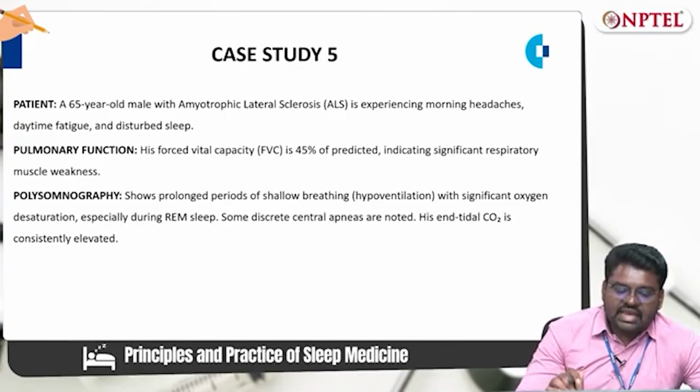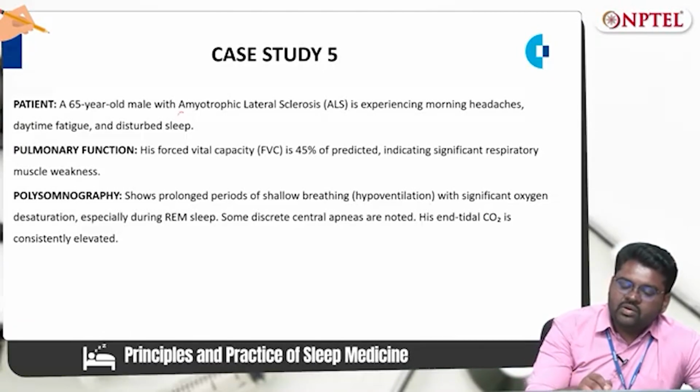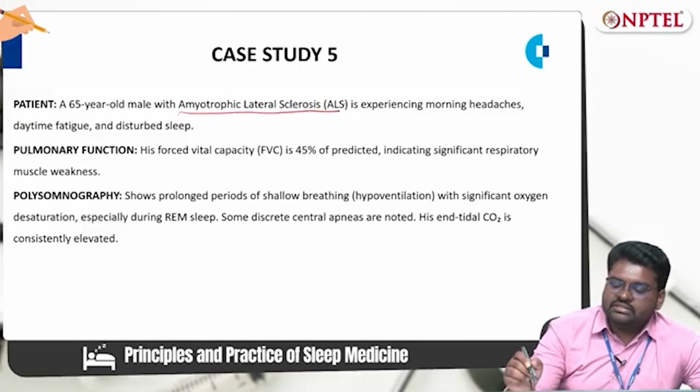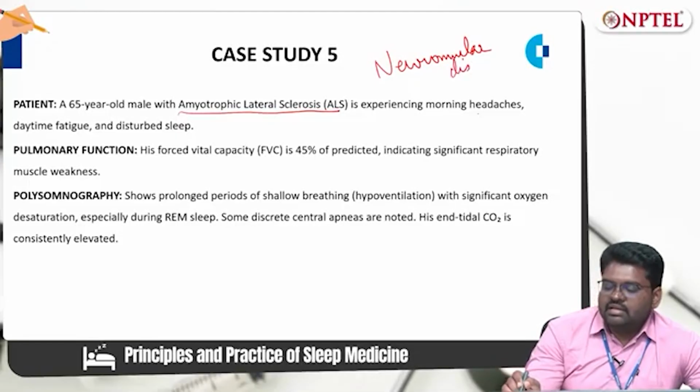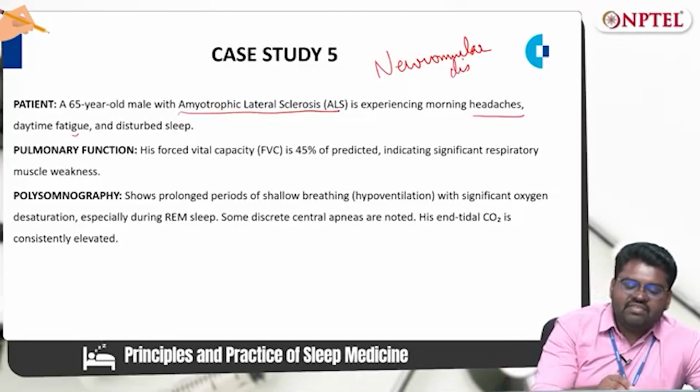Coming to the last case, a 65-year-old male with amyotrophic lateral sclerosis. So it is a neuromuscular disease. He is experiencing morning headache, daytime fatigue and disrupted sleep.